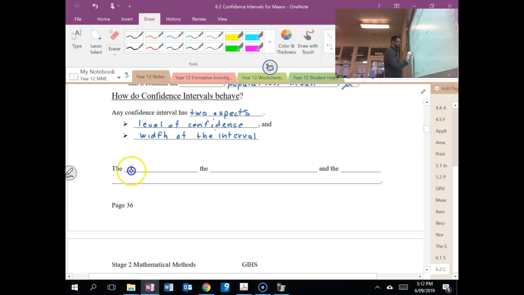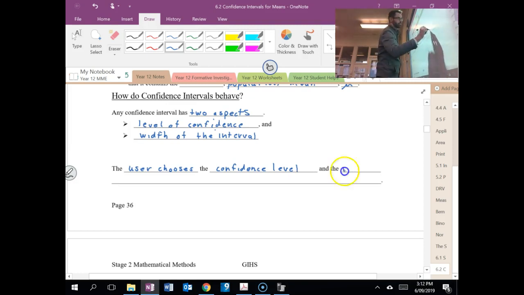So whoever's coming up with the interval chooses the confidence level. And the width of the interval is then set by your confidence.